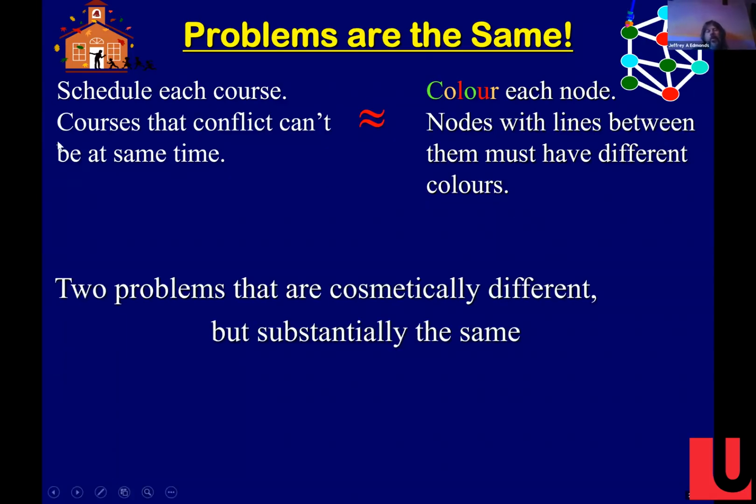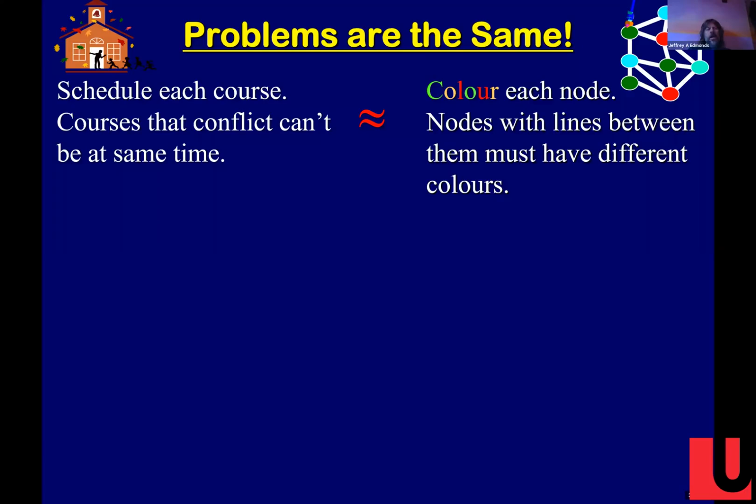So that's why we're going to talk about comparing 2 problems. Cosmetically, they look different. One is coloring the nodes of a graph. One is scheduling courses. They look different, right? But here, I'm going to show you how fundamentally these 2 problems are identical.